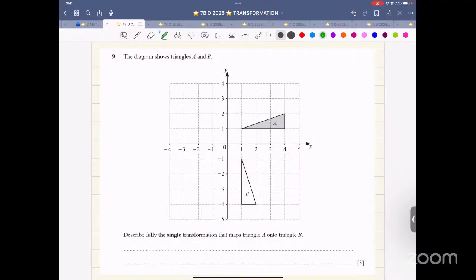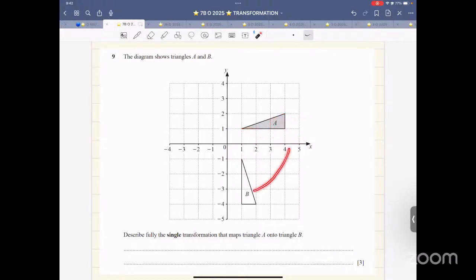It says the diagram shows triangle A and B. Describe fully the single transformation that maps A onto B. Now, the thing that you have to look out for over here is that this triangle, the original one, A, had a base of 3 units and a height of 1 unit. Height is 1, base is 3.